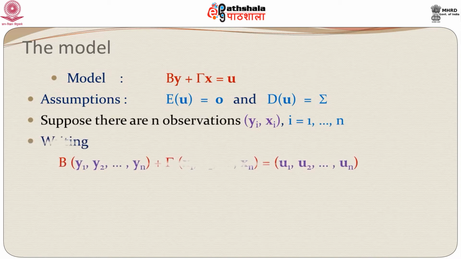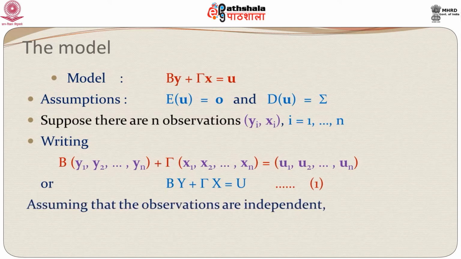Now, if you write this model, taking all these n observations together, we can write it as B times a matrix of y1, y2, ..., yn, where these are column vectors, plus Gamma times x1, x2, ..., xn, again column vectors, and similarly u. Or we can write it in matrix notation as By plus Gamma x is equal to u. This we will call equation 1.